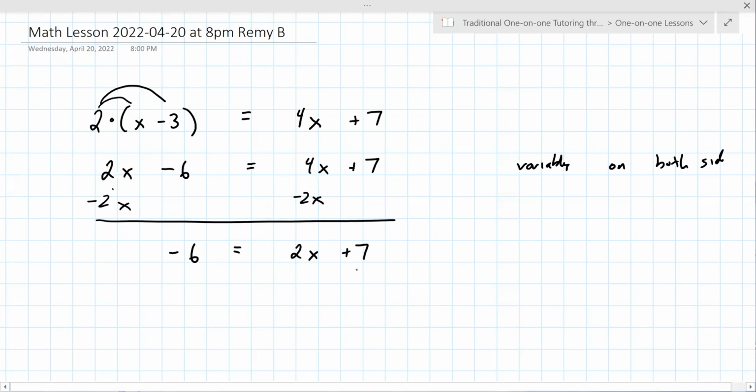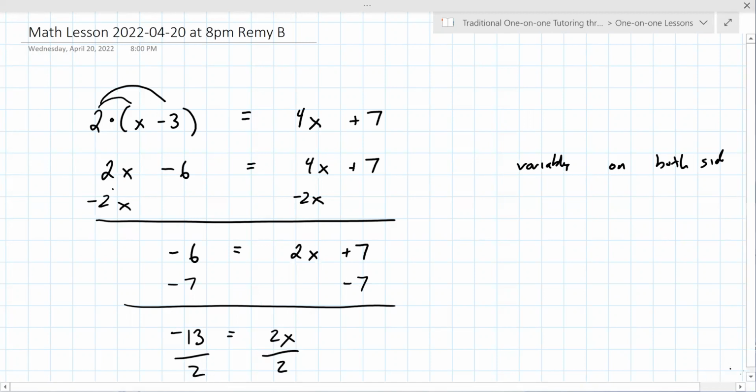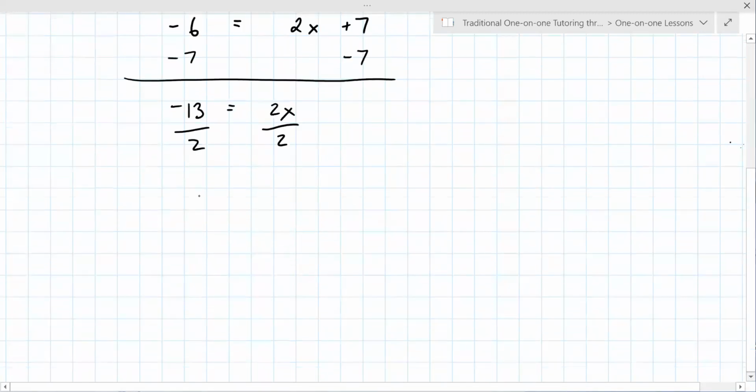So we want to get x by itself. You subtract 7 from both sides. Minus 13 equals 2x. Then you undo the multiplication by 2 by dividing both sides by 2. So x ends up being minus 6.5 or minus 13 over 2.